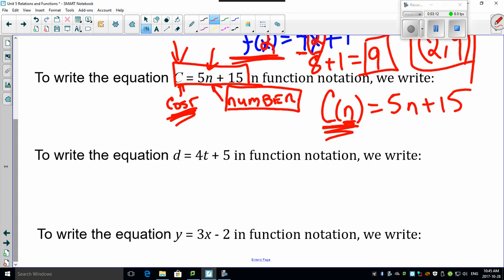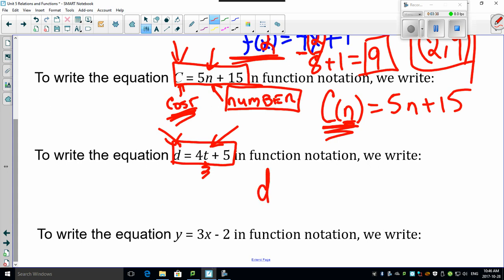Cool. Watch this. This is D and T, which, if you did a little bit of science, you know is distance and time. Distance, which is your dependent variable, is determined by how long you're going to walk, or run, or drive in your car, or drive in your spaceship. It depends on the time that you decide to drive for.